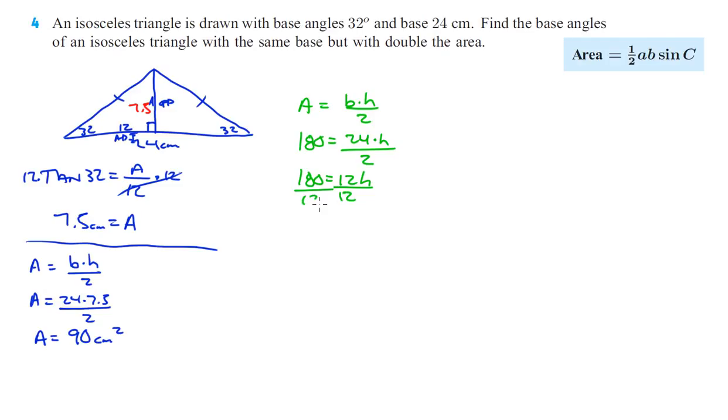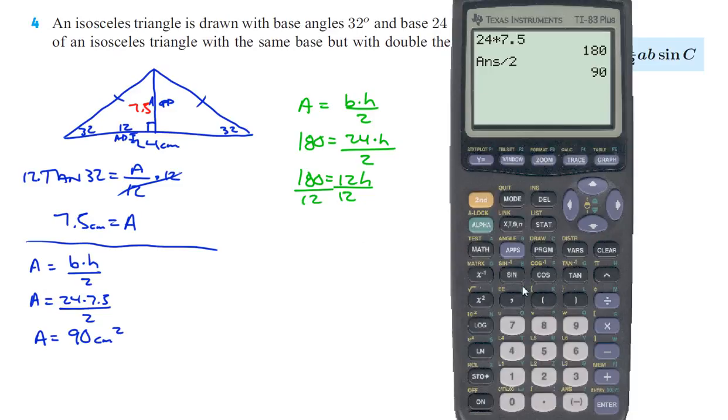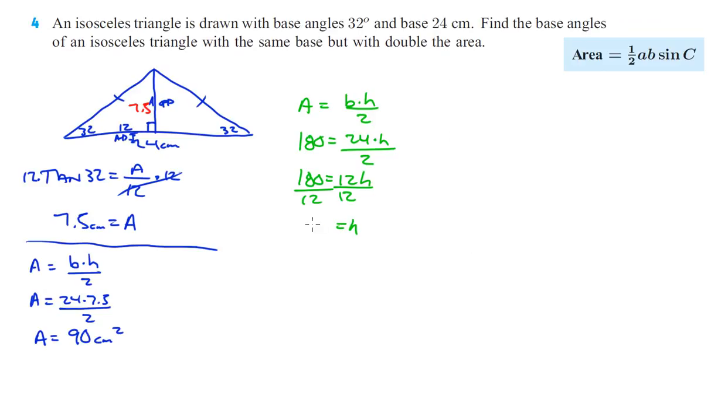So divide both sides by 12. And we get 180 divided by 12 gives us that the height is now 15 of the new one. So that's not going to give us the base angles yet, but it is going to tell us that this height is now 15 centimeters.